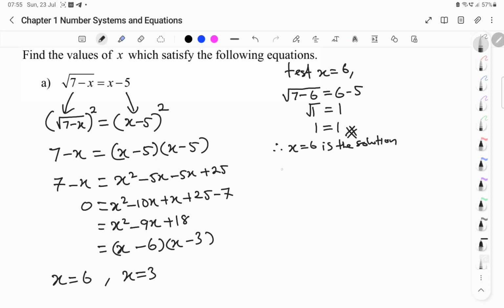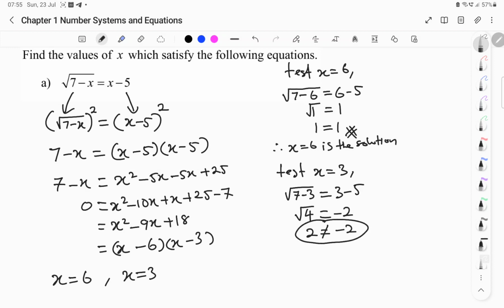How about the second one? We're going to test it also. Next, we're going to test x equals 3. We replace: 7 minus 3 equals 3 minus 5. The right hand side we have minus 2. The left hand side we have the square root of 4, which is 2. We realize that 2 is not equal to minus 2.